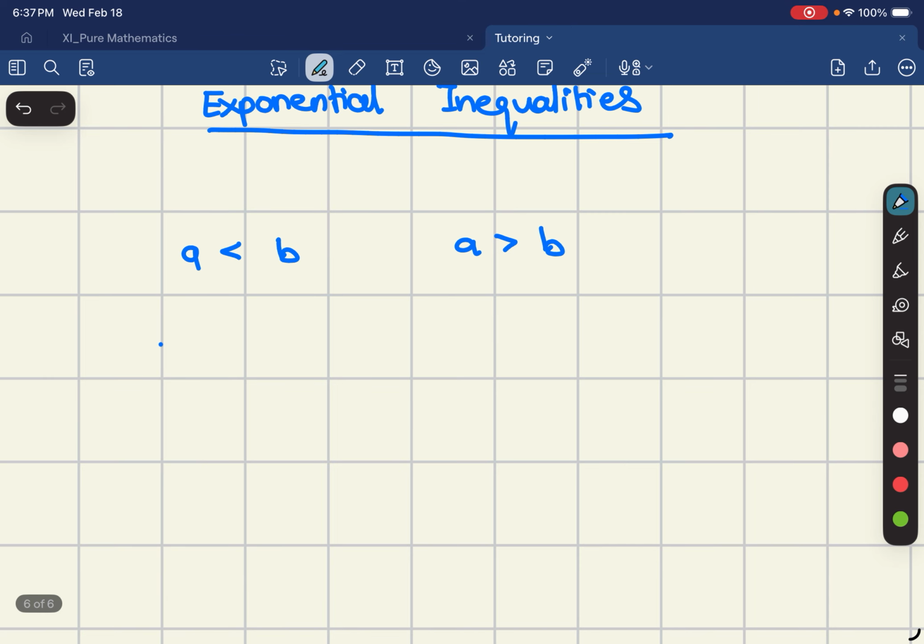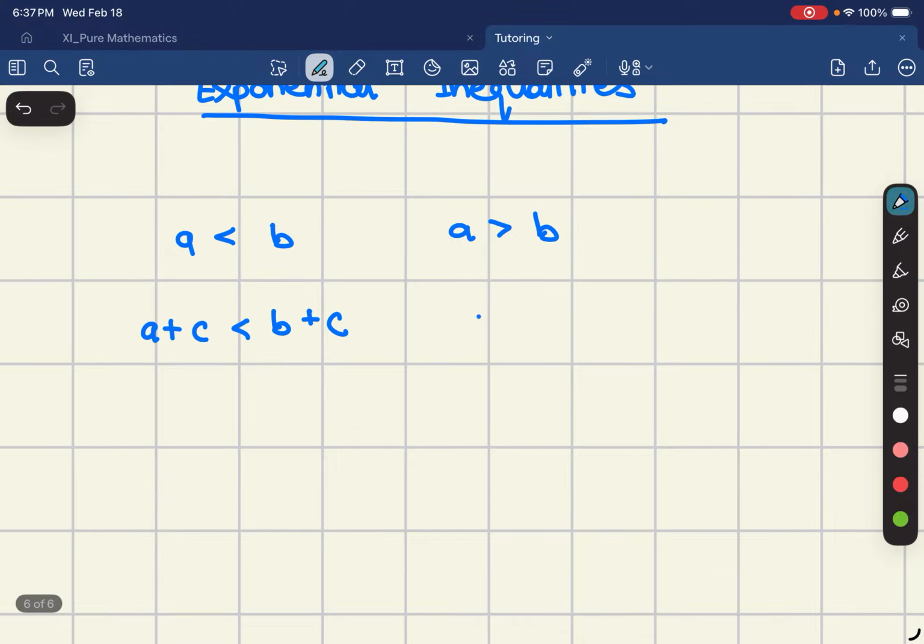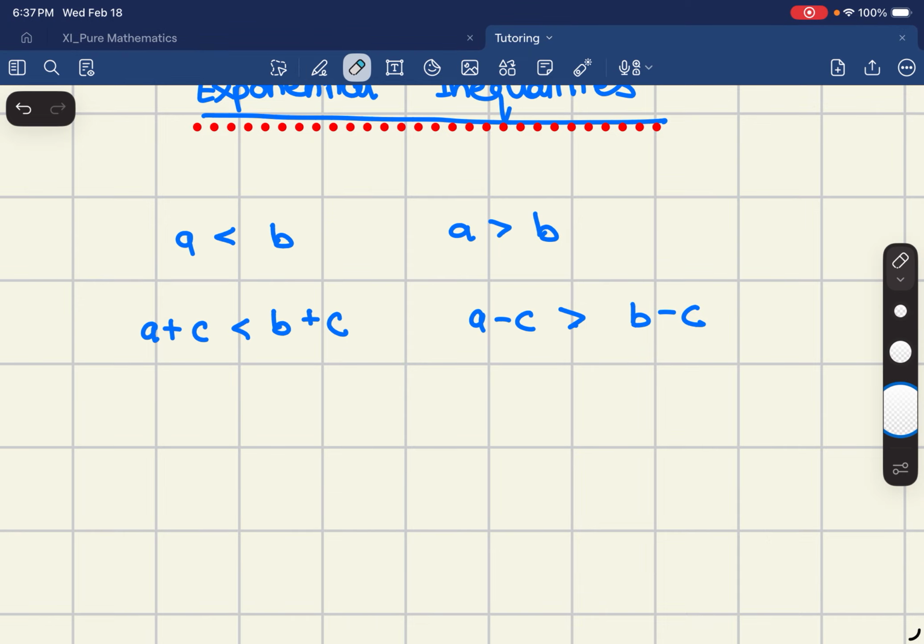But if you have this, we can easily add any number on both sides without affecting the inequality. Or we can subtract the same number on both sides without affecting the inequality. So this is something that we are allowed to do.